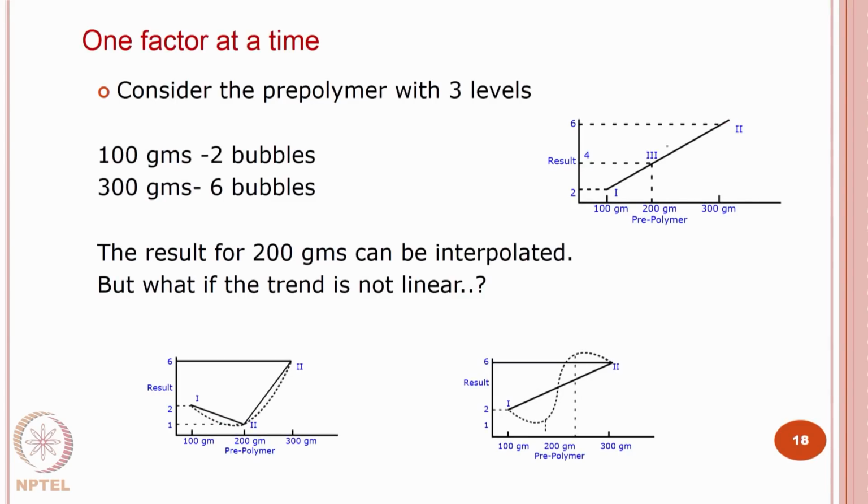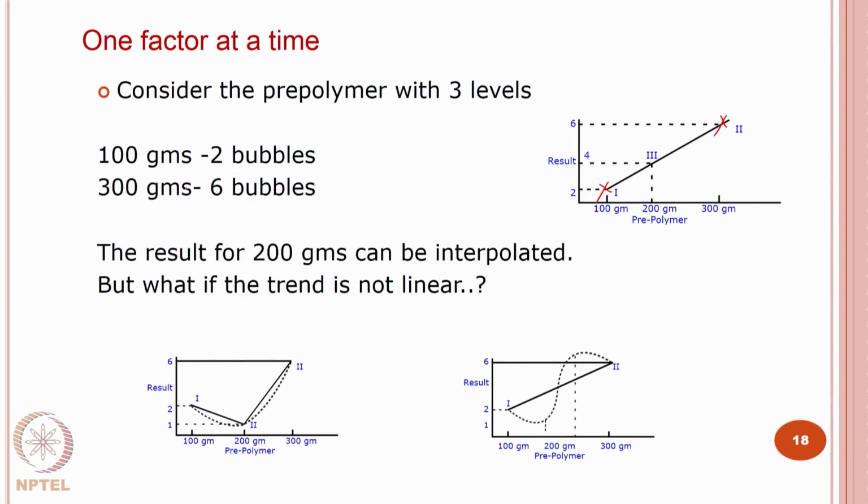Let us say that it was linear. Right now I have constructed, after the 3 tests, that it is a linear relationship. But let us say for whatever reason you know a priori that it was a linear relationship, then you could have gotten away with just these 2 numbers. For the third one, you can interpolate from these 2.